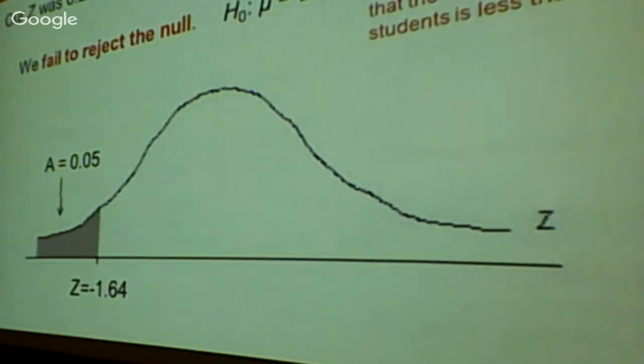So in other words, at the 5% significance level, we cannot conclude that the mean age of students is less than 21. What we're actually saying here is, functionally, I'm trying to see if my sample represents the mean age of the university. I'm asking, does my sample come from the same universe in which the average age of university students is 21?